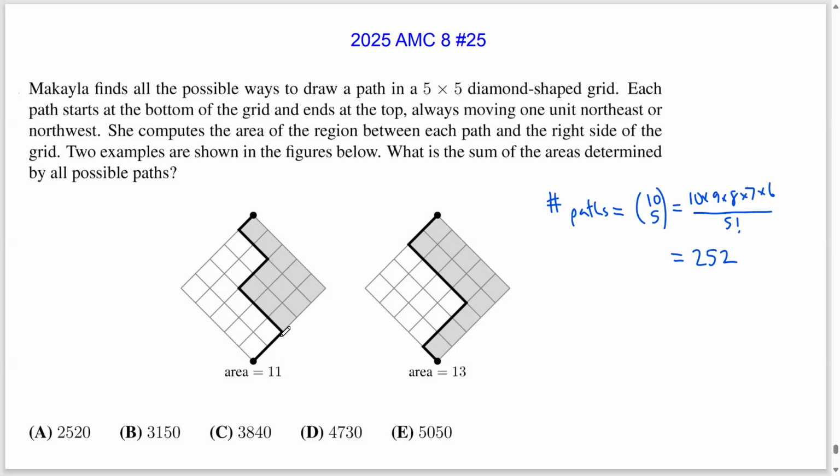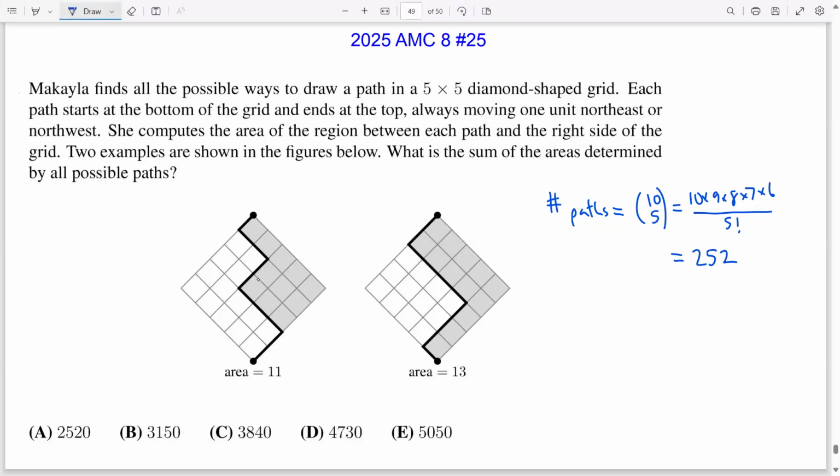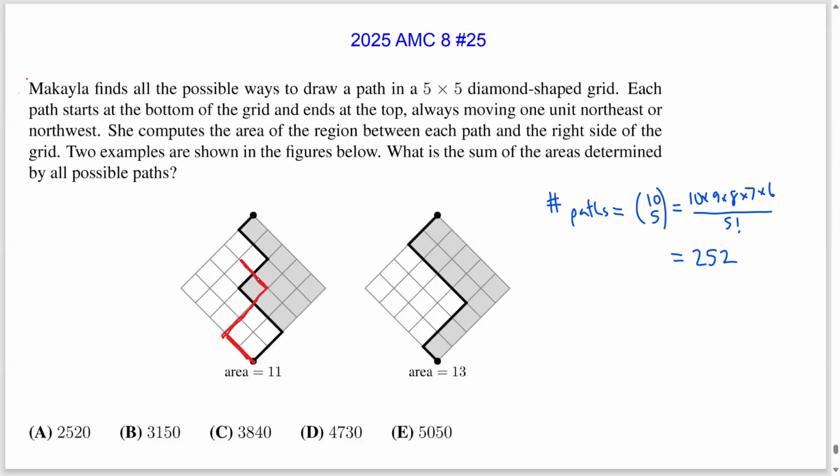Using the path on the left with area 11, let's say I take this path right here in red. So this is the path obtained by reflecting the black path over the vertical diagonal.